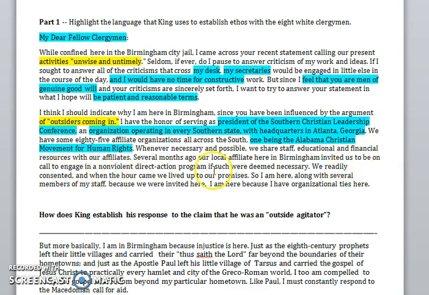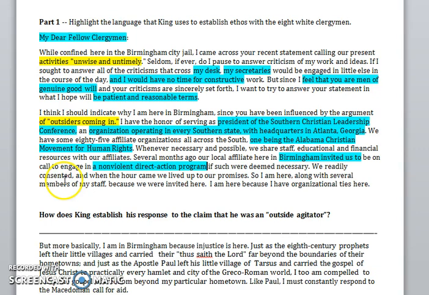Several months ago, our local affiliate here in Birmingham invited us to be on call to engage in a non-violent direct action program if such were deemed necessary.